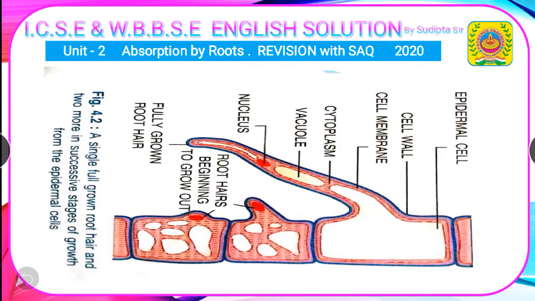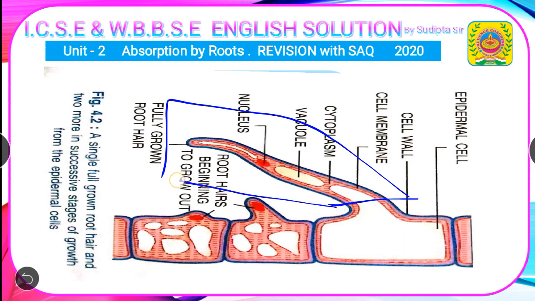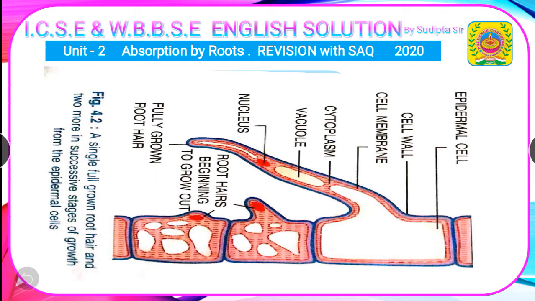This is the full grown root hair. You can see the full grown root hair. This is the picture of the full grown root hair, and within this are the parts of the full grown root hair. This is the epidermal cell. The outside portion is known as the cell wall. Inside the cell wall there is the cell membrane, and inside the cell membrane there is the cytoplasm, and the vacuole.